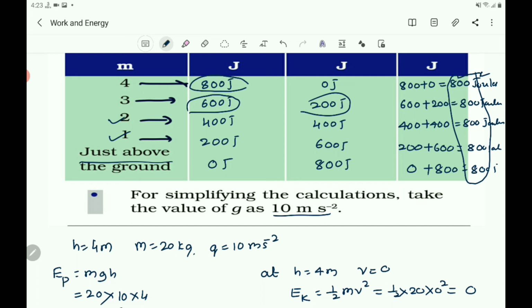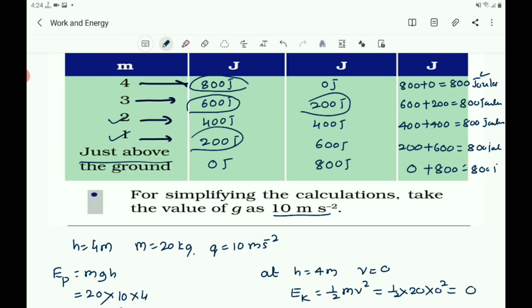Next, at a height of 2 meters, 400 plus 400, it is 800 joules. Again 200 and 600 at a height of 1 meter, and at a height of 0, just above the ground, you take 0 and 800, and totally it is 800 joules. So the sum of potential energy and kinetic energy remains constant.